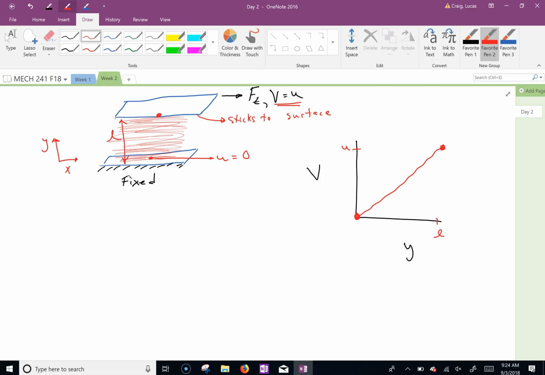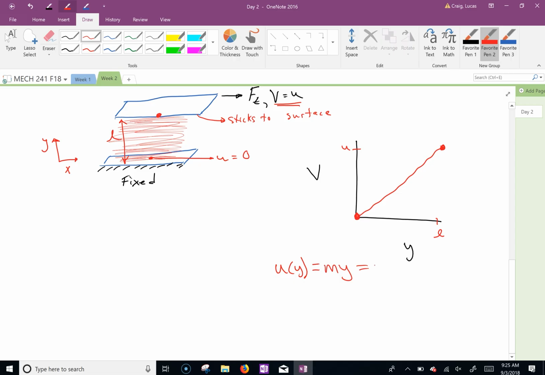How would you find an equation of u with respect to y? How would you find the equation of that line? Well, first, the slope, and then also the y-intercept. So what's the general equation of a linear line? y equals mx plus b. What's the y-intercept? 0. So really, it's just the slope times y.